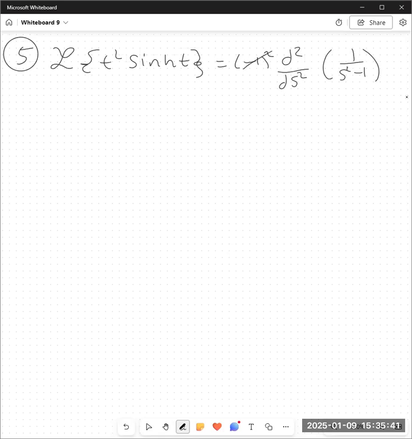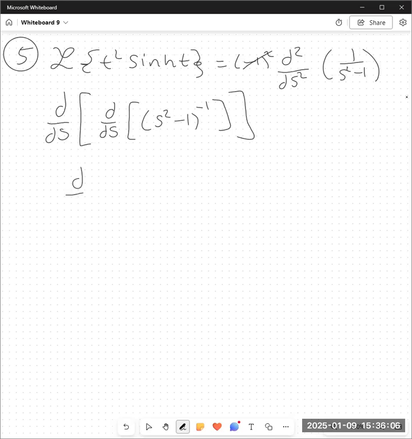So negative 1 squared is 1. We have the derivative of the derivative of s squared minus 1 to the negative first.